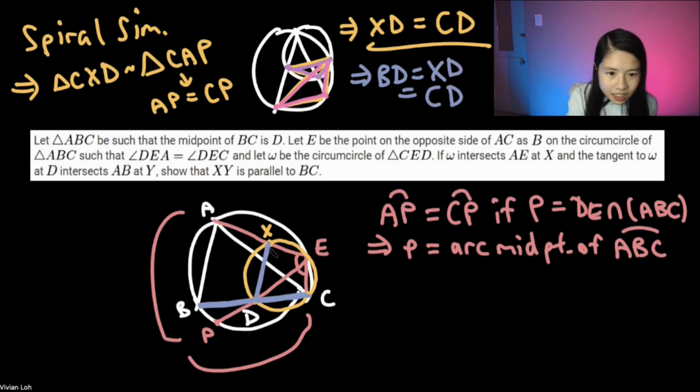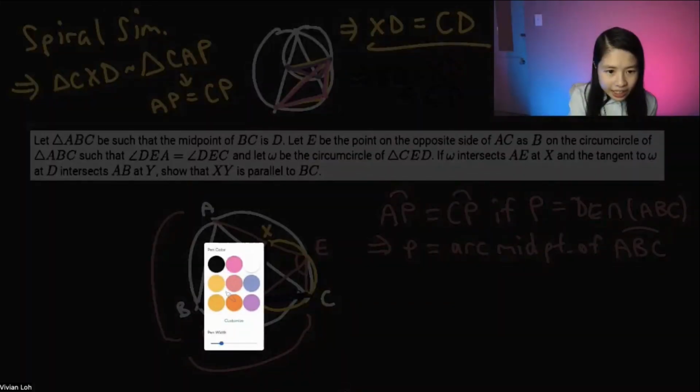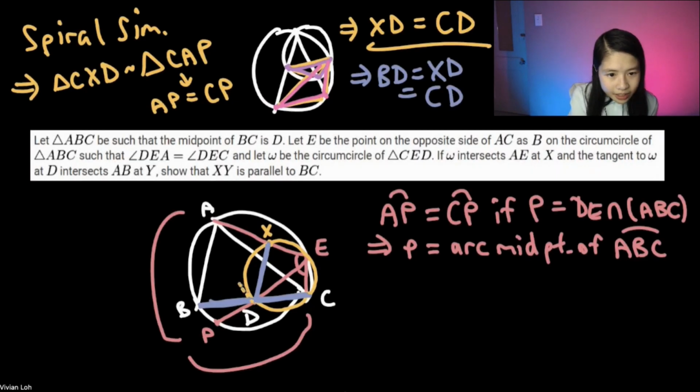Okay, nice. So now what does the rest of the problem say? We need to show that XY is parallel to BC. So, okay, let's draw the tangent to the yellow circle at D now, because we kind of have the rest of the problem under control. So it's going to hit AB at Y, and then we somehow want to show that XY is parallel to BC.